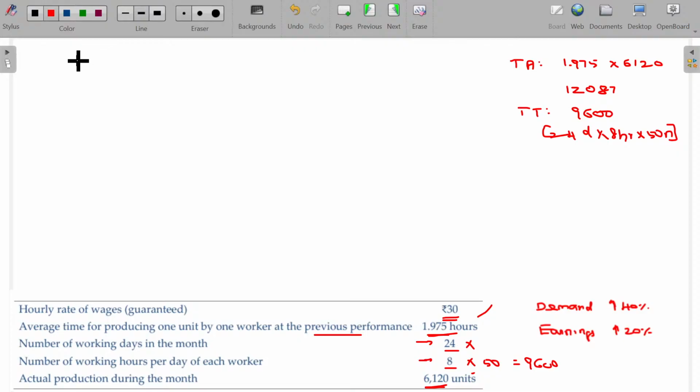Now calculate the present wage scheme. 1.975 hours required, hourly guaranteed wage being 30.